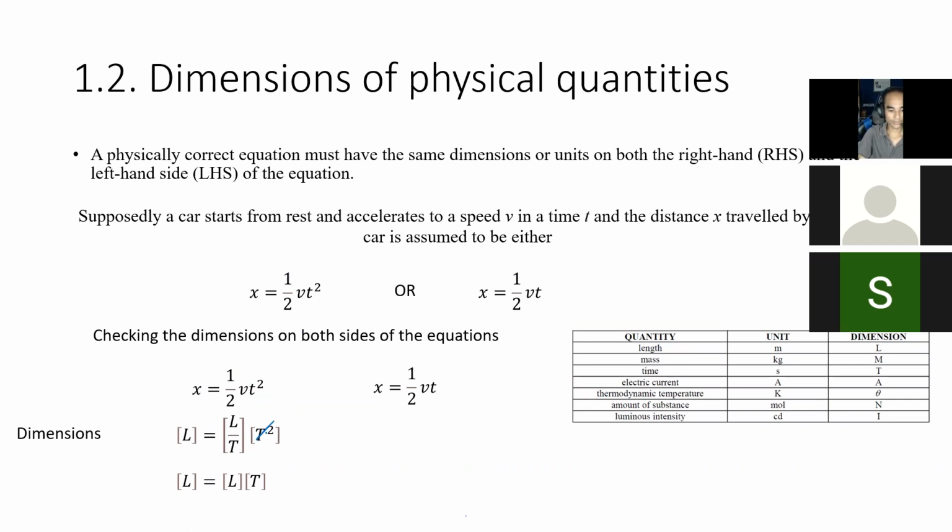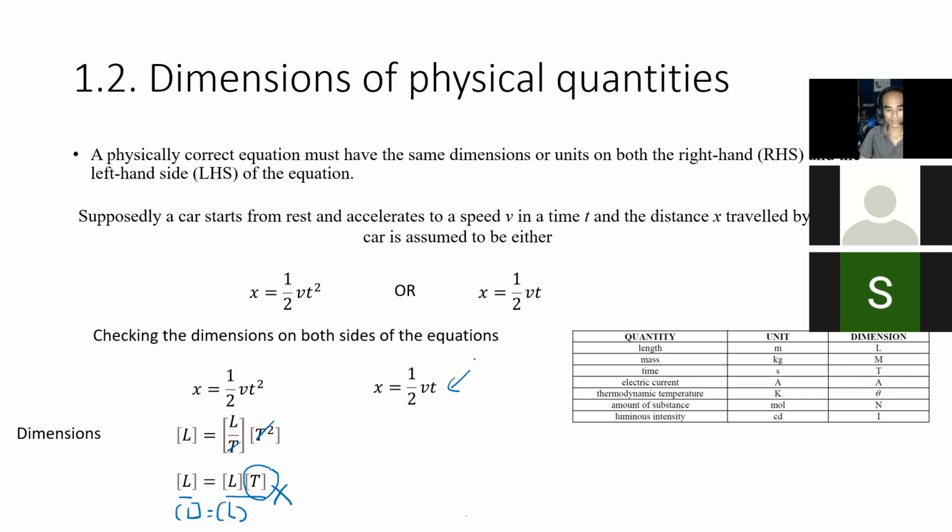So this is t squared divided by t, and you have L equals to LT. This is wrong. Why? Can anyone answer me why this is wrong? Extra T, yes. We have an extra t over here. It should be dimension of L equals dimension of L.